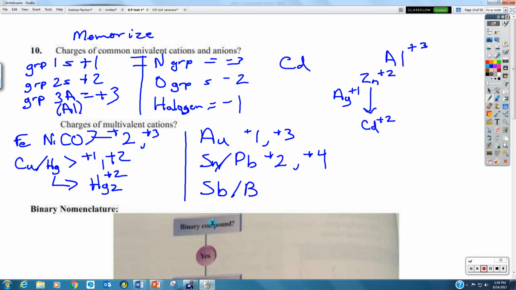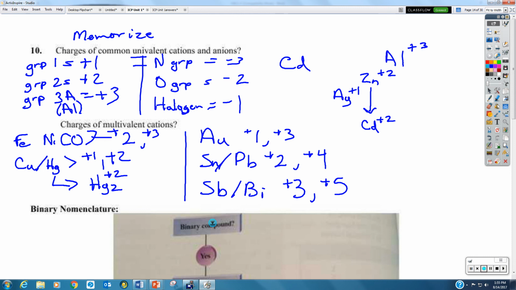Antimony and bismuth are +3, +5. All right. The only other one that I would add there is arsenic. Arsenic is normally a metalloid, but sometimes arsenic will act like a metal, and it has a +3, +5 also.